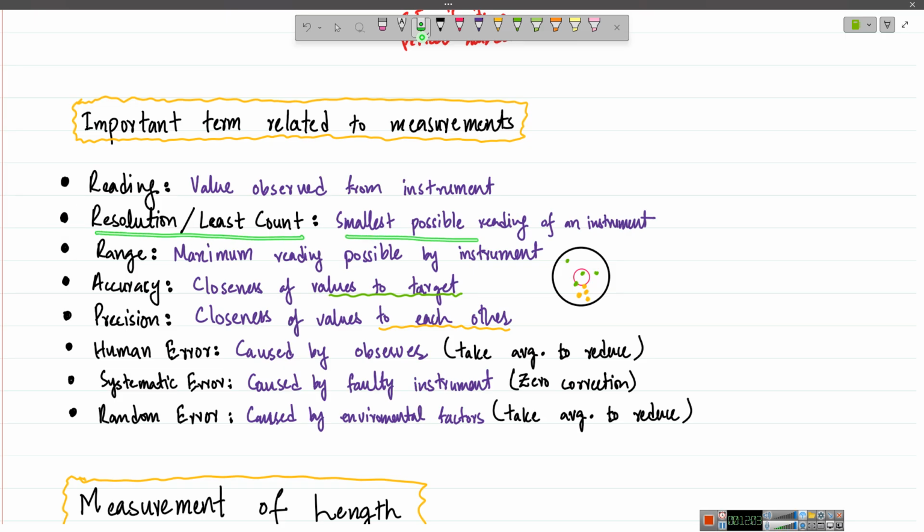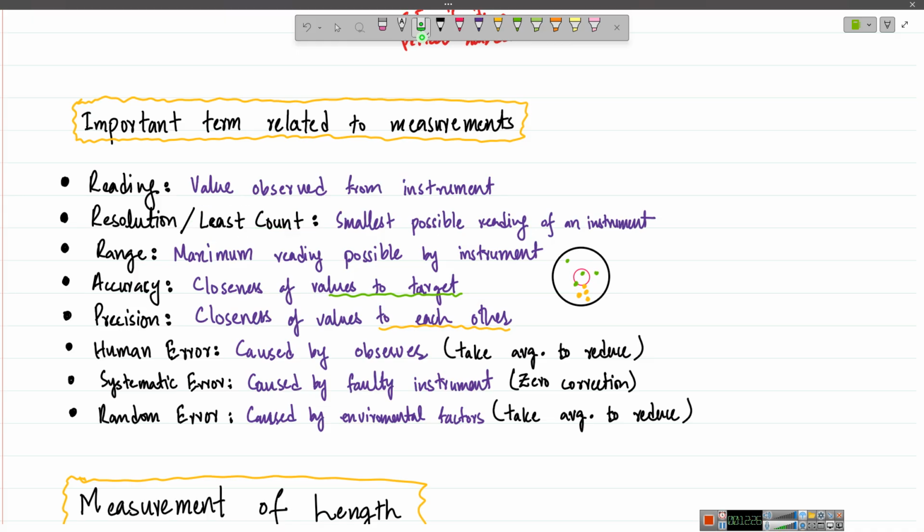It is the smallest possible reading of an instrument that it can read, right? For example, for the meter ruler, it is 1 millimeter. For vernier caliper, it is 0.1 millimeter or 0.05 millimeters. And for the screw gauge, which is able to read even smaller values, it is 0.01 millimeters, right? So that's the smallest possible value an instrument can read, right?